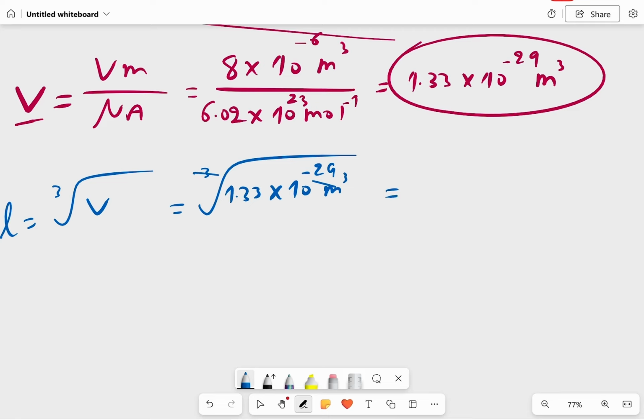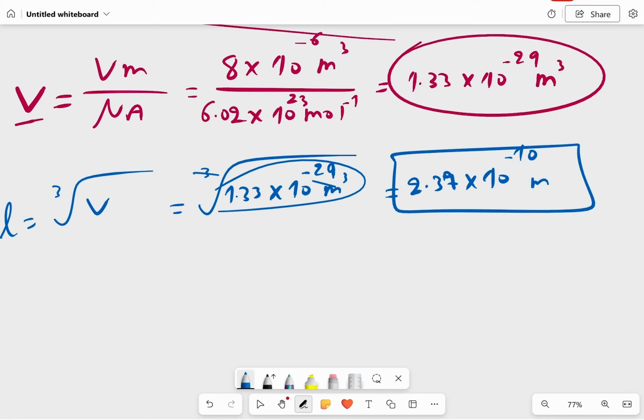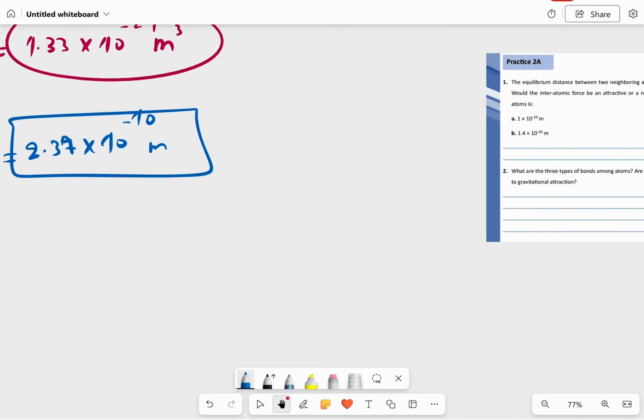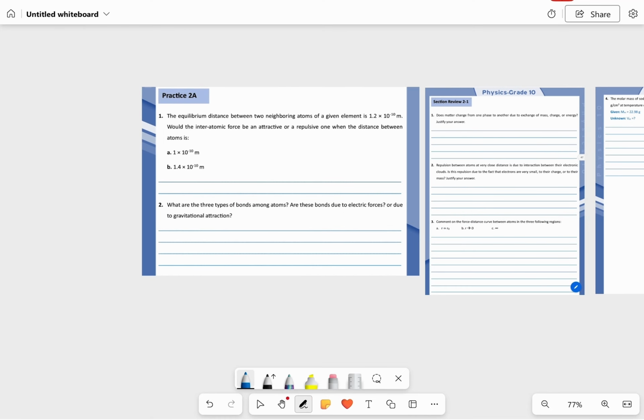So take the cubic root of all this number, and you have 2.37 times 10 to the power of minus 10 meter. This is the distance between two atoms of copper. Now this example is solved in the book, but it's better to practice it and learn how you can find the distance between two copper atoms.